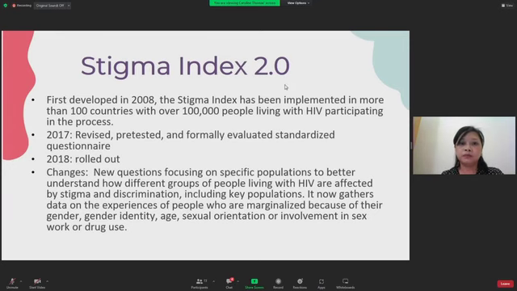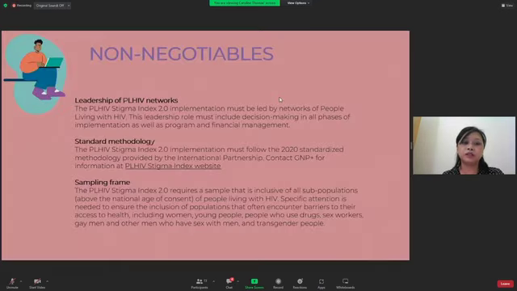And there are non-negotiable processes and parts of the stigma index. The first one is that it must be led by the PLHIV networks or networks that are led by people living with HIV, and it has to use the standard methodology, which is version 2.0.